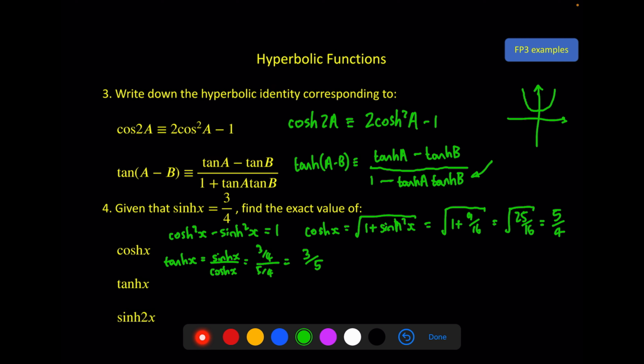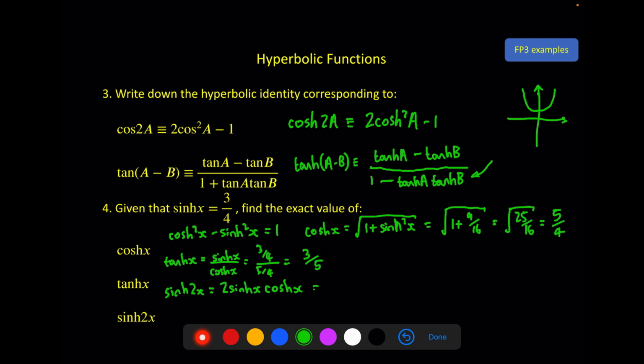Finally, sinh 2x. Again, we're going to use an identity here. The identity we're going to use is sin 2x equals 2 sin x cos x. We're going to change that using Osborne's rule into sinh 2x is equal to 2 sinh x cosh x, and I don't have two sines multiplied together, so I don't need to change anything into a negative.